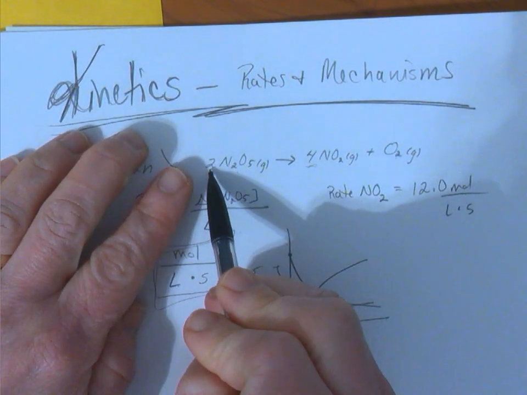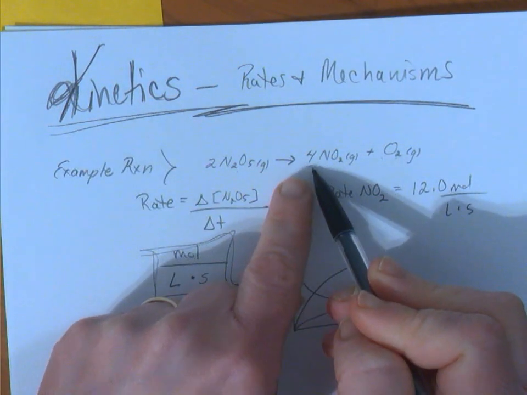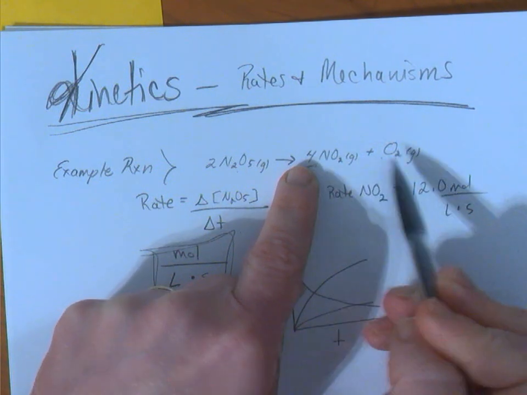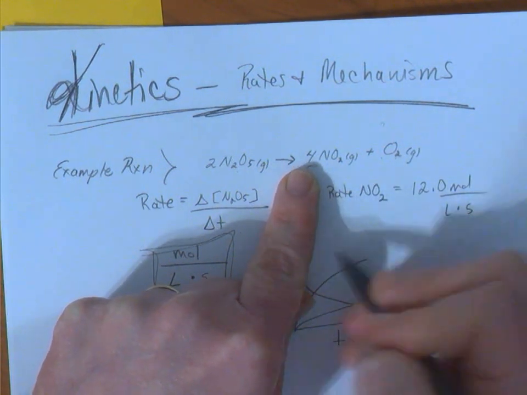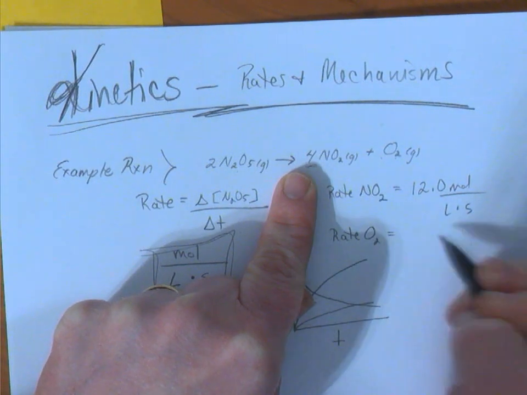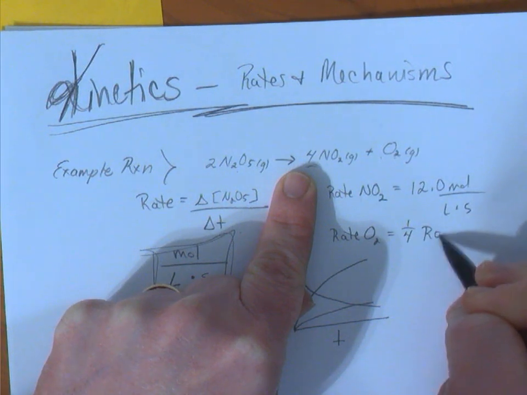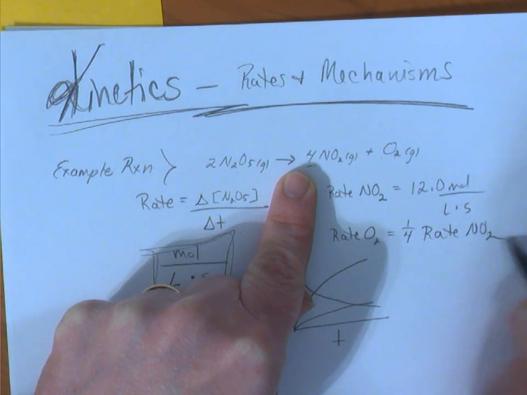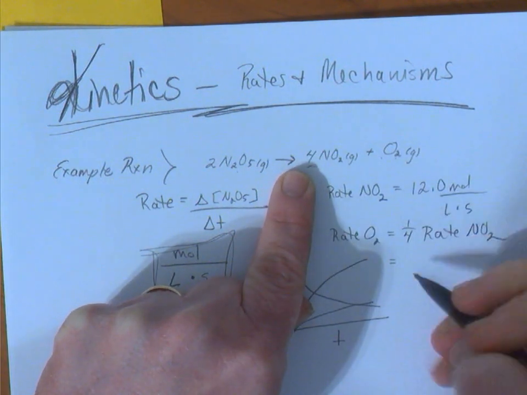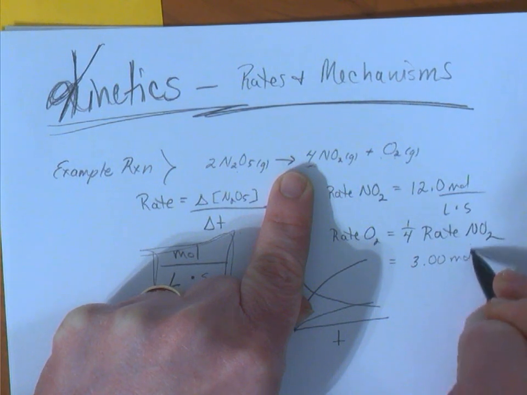So these are at a ratio of 2 to 4 to 1. So that means the rate of production of NO2 is 4 times that of O2. So if I want to get the rate of O2, it will be then 1/4 the rate of NO2. So if I know NO2, the rate of O2 would be 3 mole per liter second.